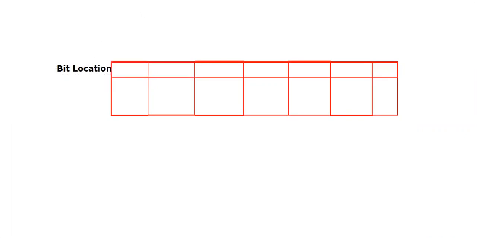The bit location starts with 1, from MSB to LSB. The bit position for this is 1, then 2, 3, 4, 5, 6 and 7. So we have the bit positions.